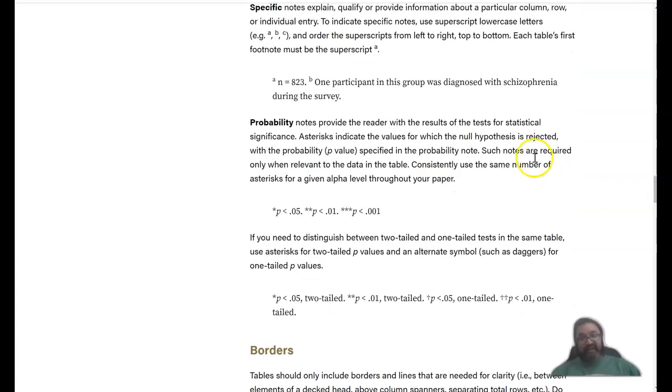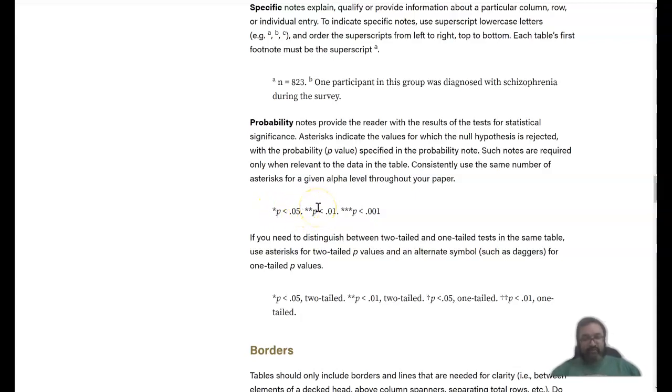Something else I want to bring to your attention, because a lot of students use statistical tests, is that when you have a p-value, that p-value is italicized. Many students ask me, what portion of this is italicized? Well, the p in p-value is italicized. The other thing is, if you have p less than 0.05, you want to put an asterisk there.